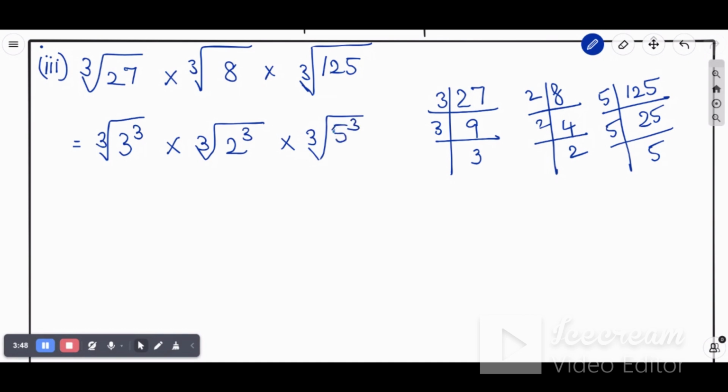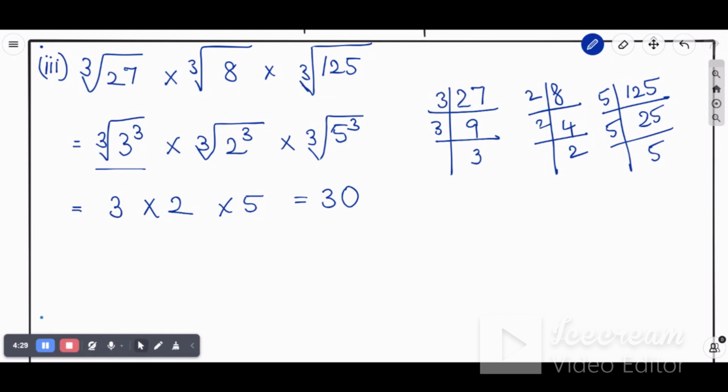So all cubes you can directly take outside. This will be 3, 2 and 5, because cube root of 3 cube, 2 cube, 5 cube. So the answer will be 30. Hope you understood this question.